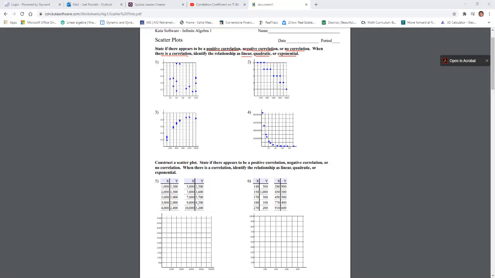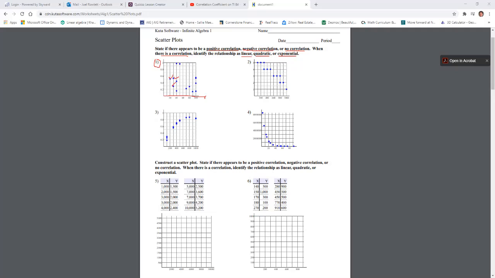So if you look at problem number 1, as let's say time goes on or as x gets larger, does there appear to be a correlation with the y values? Well, when we get to 20, we're about at 0.5, and then when we get a little bit bigger, let's say 30, we have a couple of answers here. One is about 0.5 and one is about 0.3.